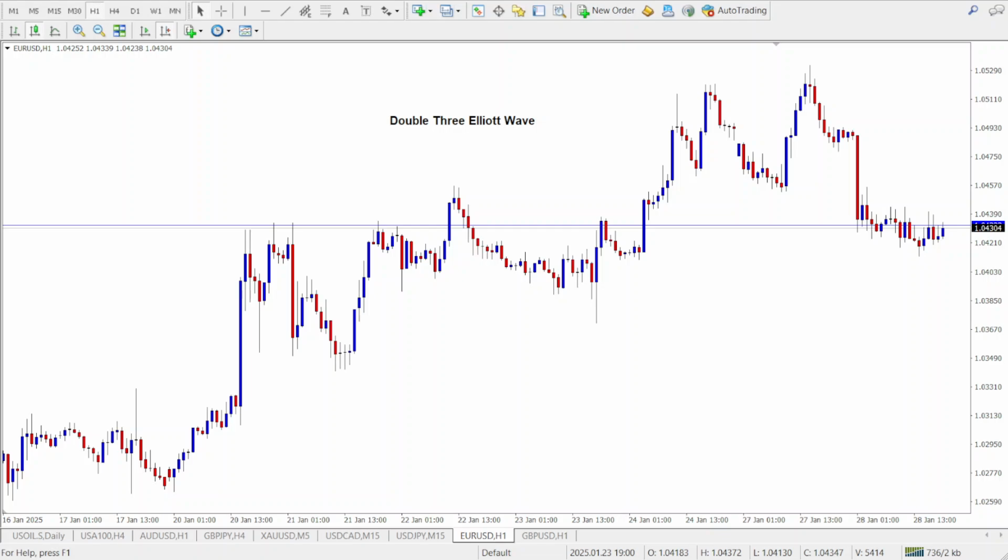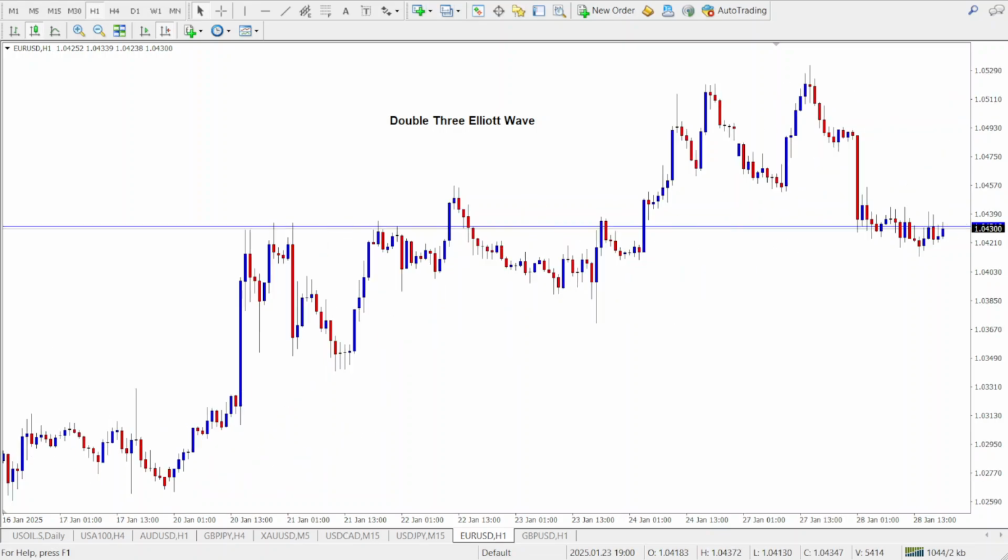This pattern is made up of two distinct corrective waves, each labeled as a three-wave structure, hence the name Double Three. So you are essentially seeing two sets of three-wave moves that alternate between a zigzag and a flat or triangle correction.